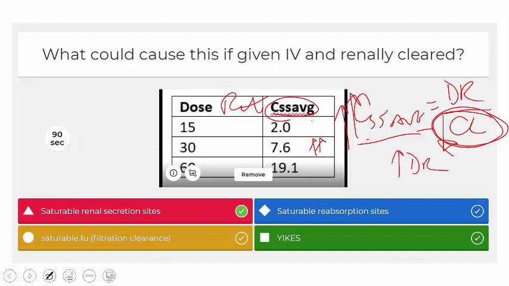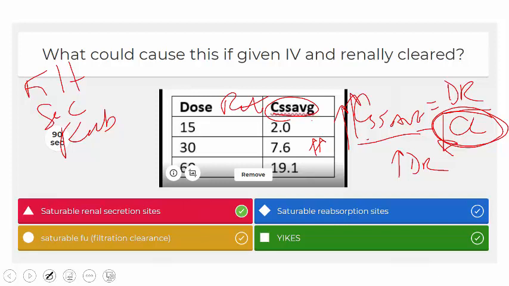All right, so where is the Michaelis-Menten? Let's see. Could it be, well, first of all, we have filtration, we have secretion, and we have reabsorption that occurs in renal clearance.